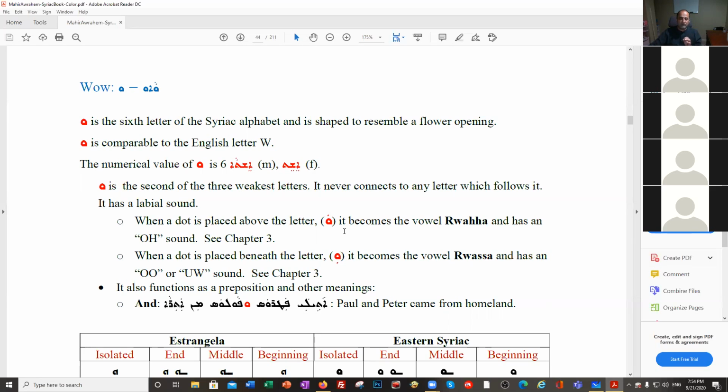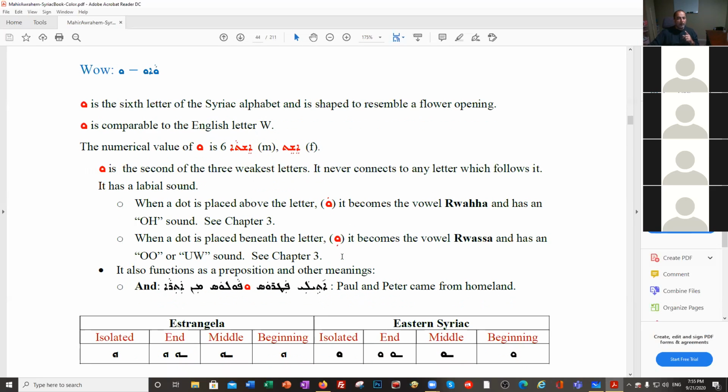They are vowels. And I hope because we need to learn this one in chapter 3. Okay, we're going to study how we're going to do the syllables. So we need to know exactly which one is the letter, which one is the vowel. So when I have a single dot above the waw, waw is not a letter, is a vowel. Single dot under the waw, waw is not a letter, is a vowel.